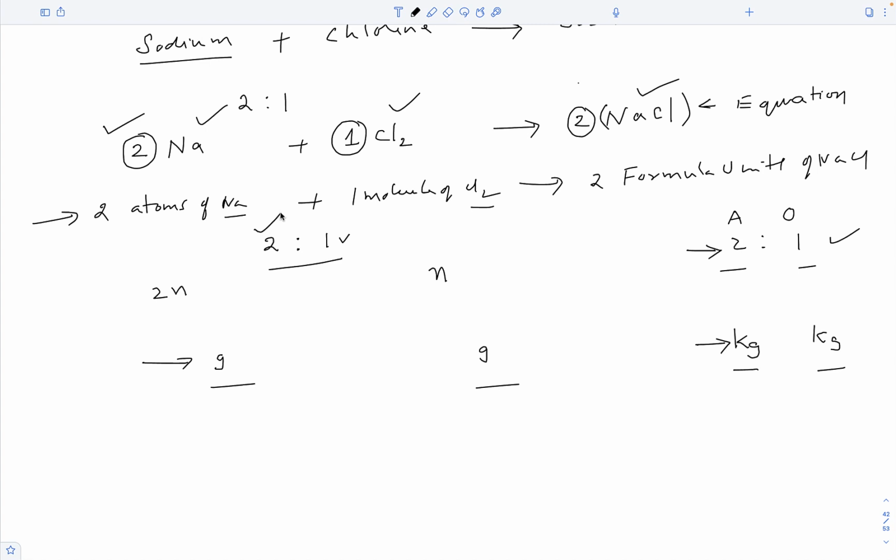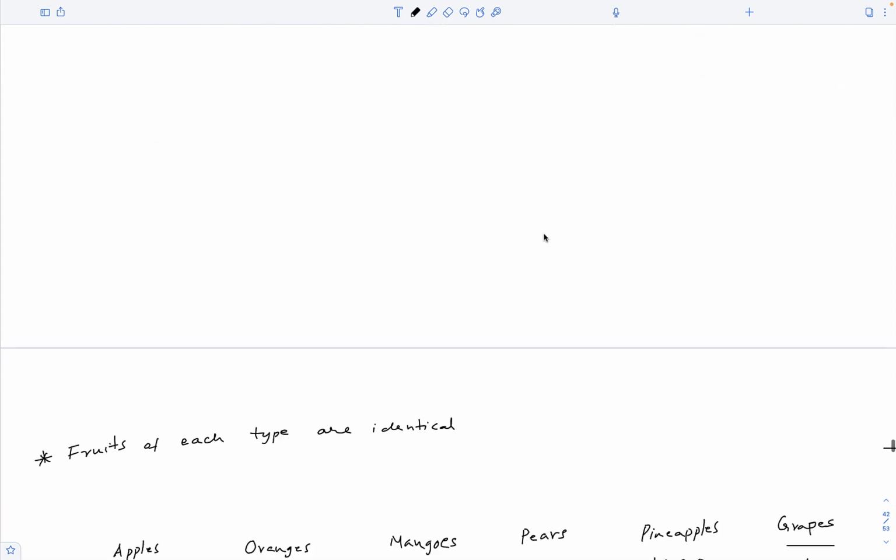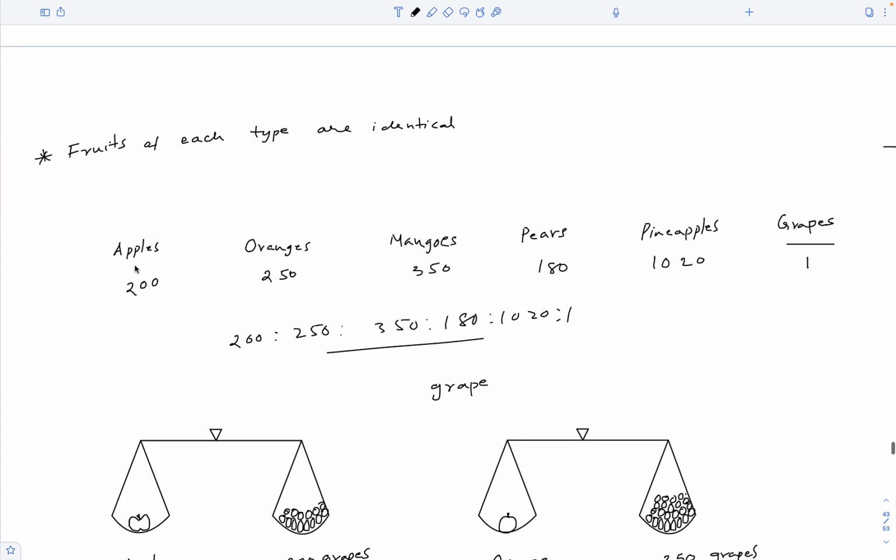And we have discussed a similar problem earlier. Do you remember that? If needed, kindly go back and watch that part. I will quickly remind what we discussed back there. We imagined a fruit shop that sold different types of fruits, and fruits of each kind are identical.